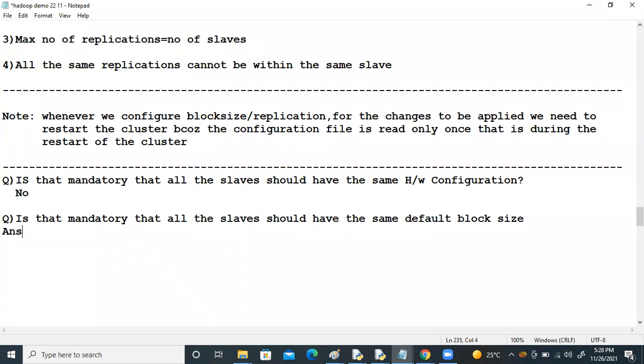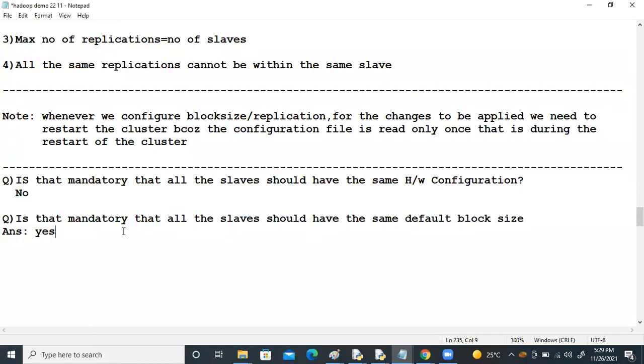What's the answer? Yes. All the slaves should have the same default block size.